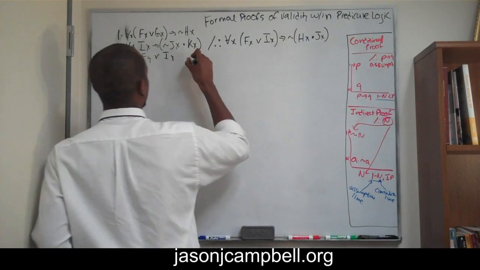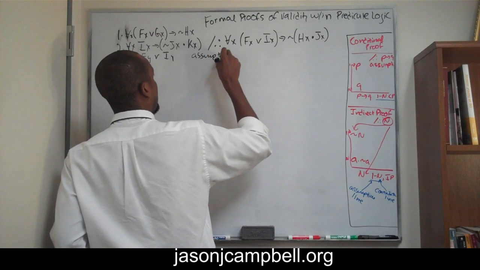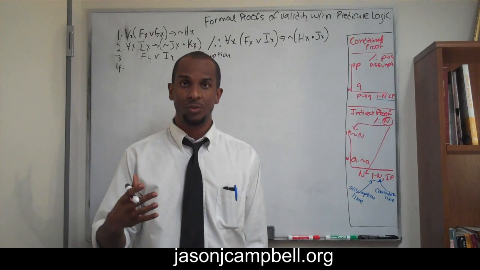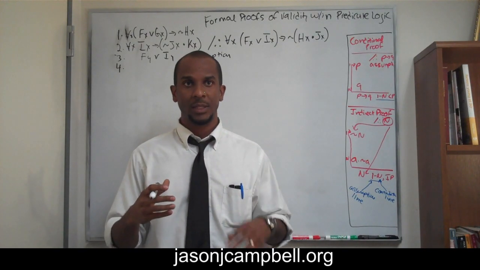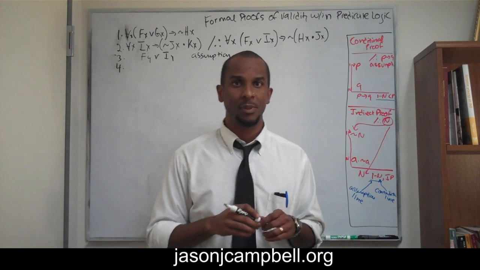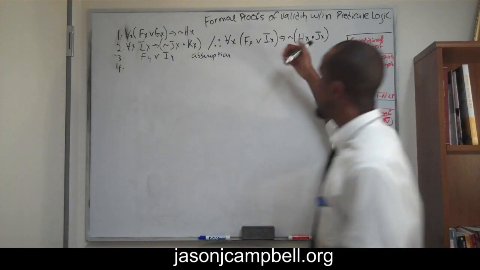So this is an assumption. If you're just being introduced to predicate logic, what I did when I first started, and this is good practice, though not syntactically proper, is I always put what I'm doing next to it. What is this assumption?